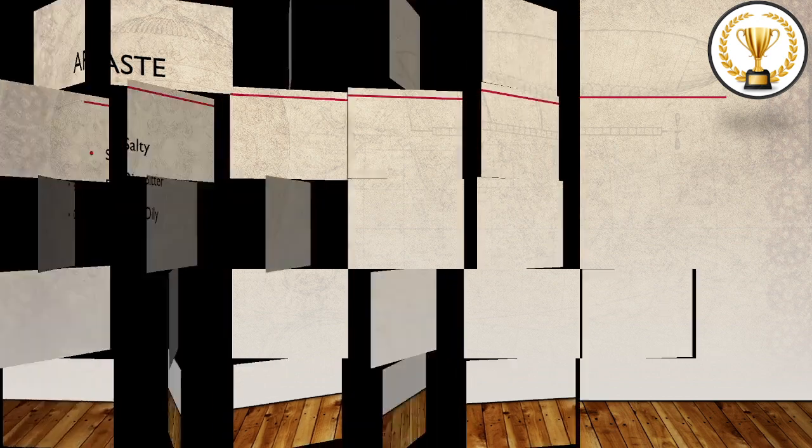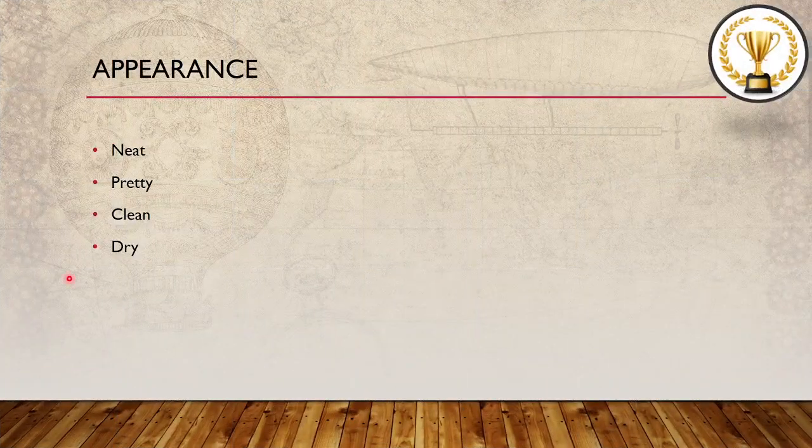Right. Next, last, appearance. So with the appearance also you can describe a noun. So you can say neat, pretty, clean, dry. So you can say neat clothes, pretty girl, clean books, dry clothes. So these nouns can be described by the adjective description appearance.